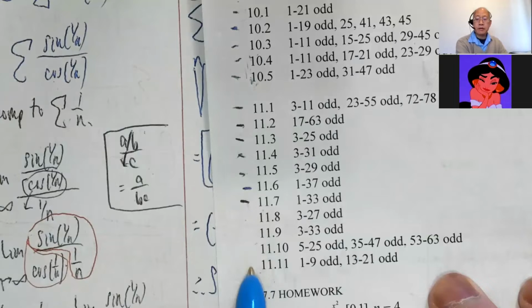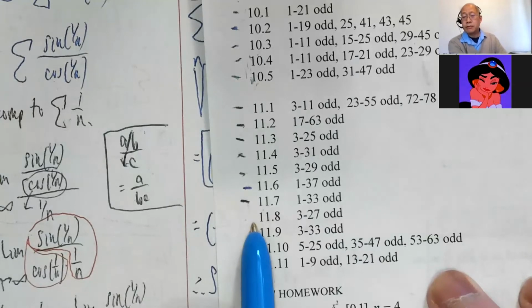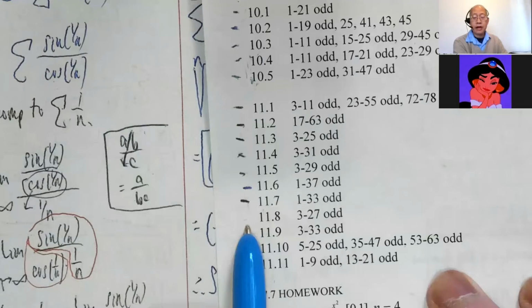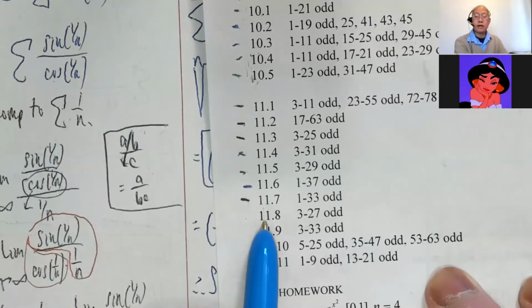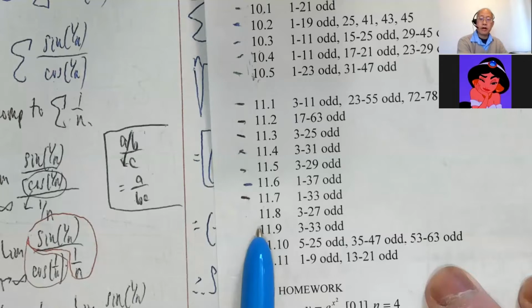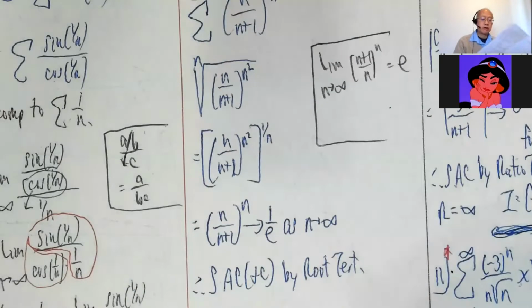So we have plenty of time to finish everything. I'll introduce 11.8, then we're going to quit. My quota for the rest of the week was just to go up to 11.8, so I can do that tomorrow and Friday still, hopefully, then 11.9 the next week. But we'll see how it goes.